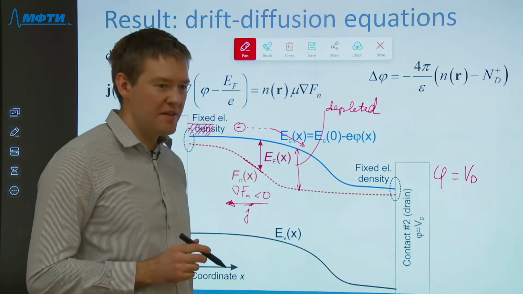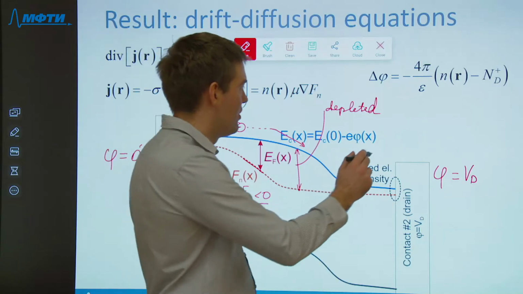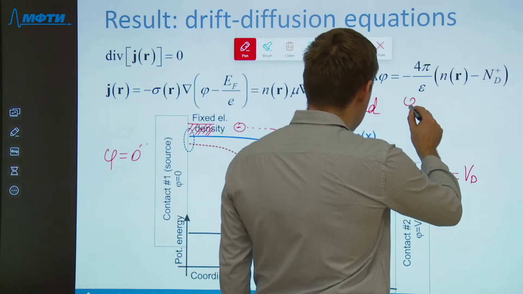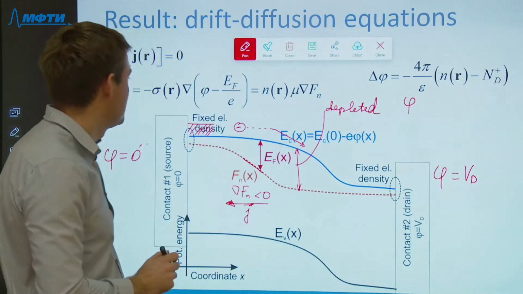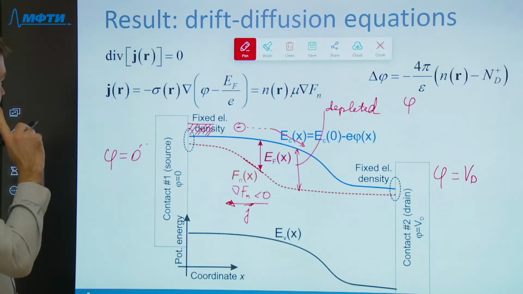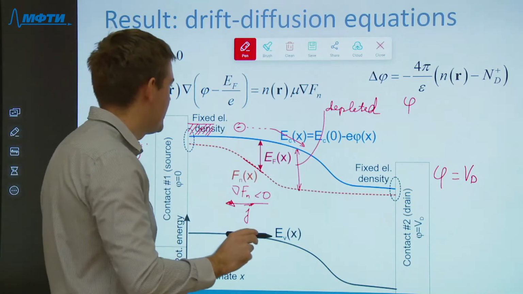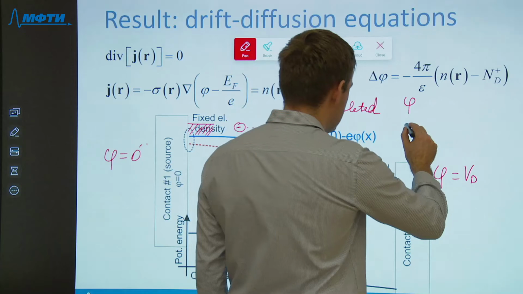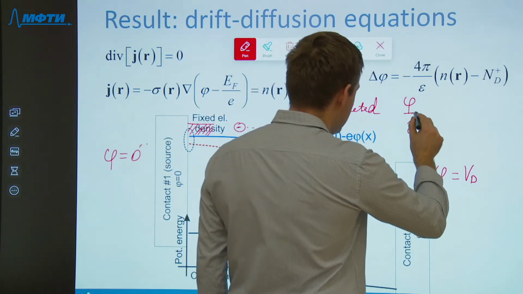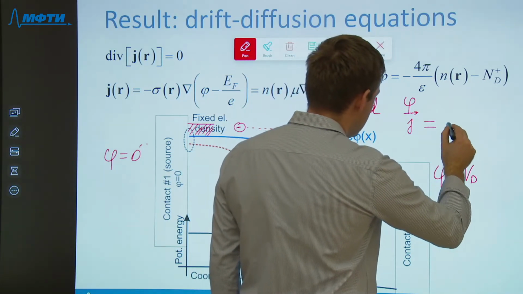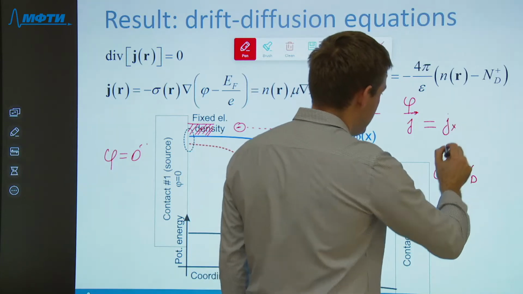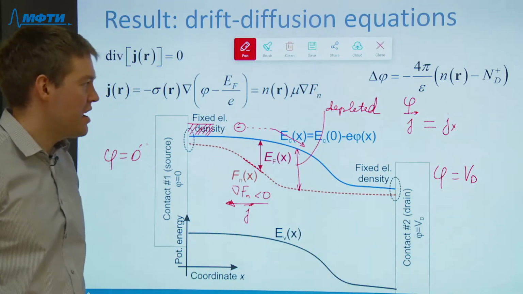The correct answer is that we are looking for three functions. The first is the electric potential. The second one is the current. It is a vector, but in one-dimensional problems it is just one function, jx.